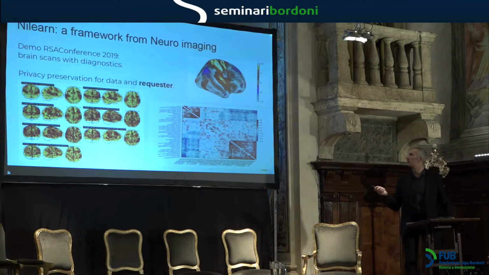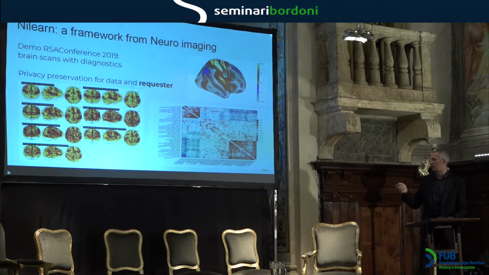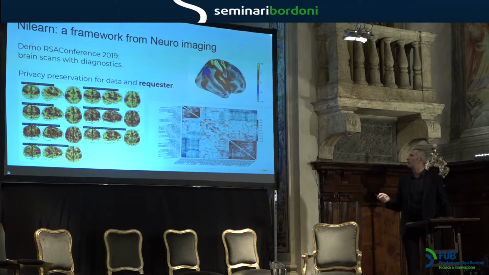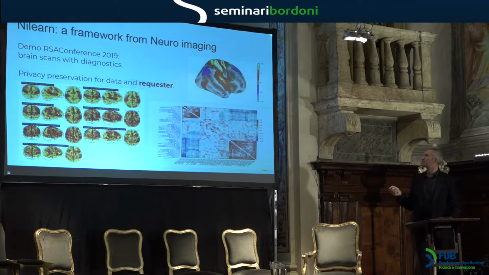Another example is something that we demoed at the RSA conference. It's joint work with Intel, where we are doing privacy-preserving computation for medical data. The scenario is the following. Imagine a hospital. It has a lot of medical data, which is typically very sensitive.